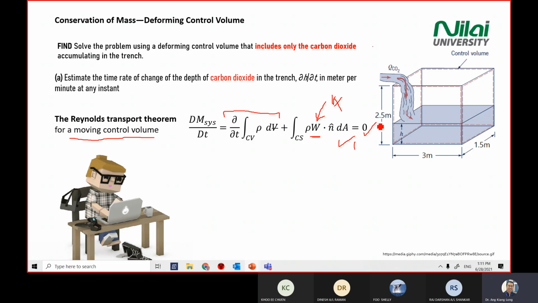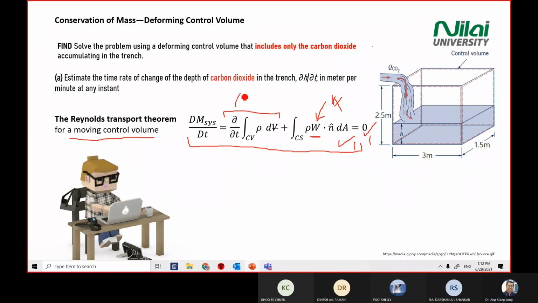Even 2 marks in this case, because writing the conservation of mass equation and the continuity equation each give you 1 mark. So be careful, look at the question, whether you're having a moving control volume or not. In this case, we are looking at a deforming control volume, and our control volume is moving also.